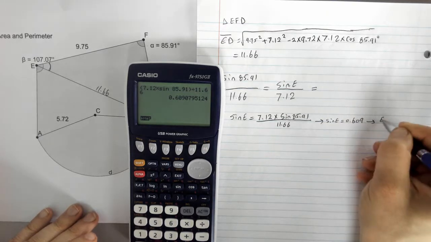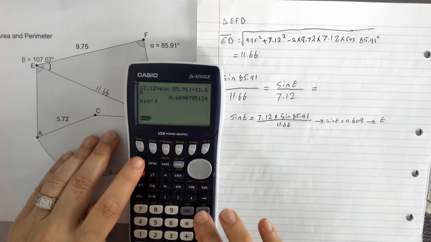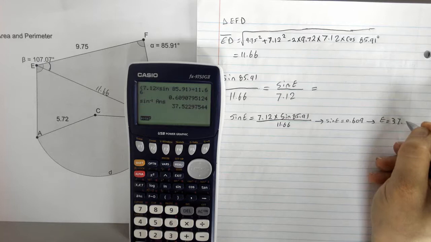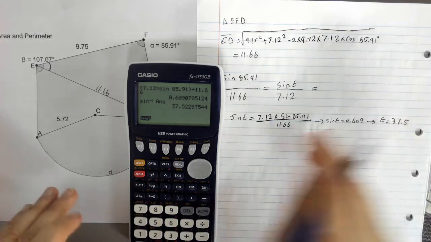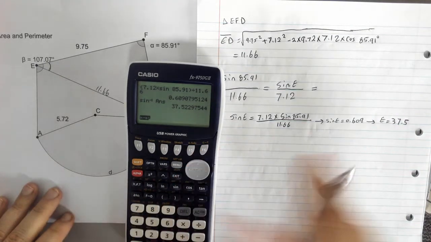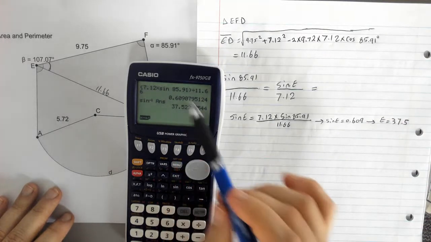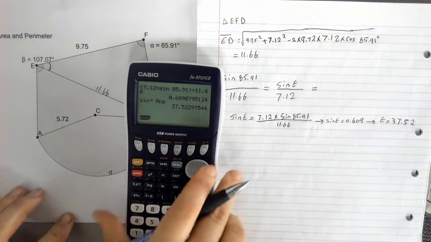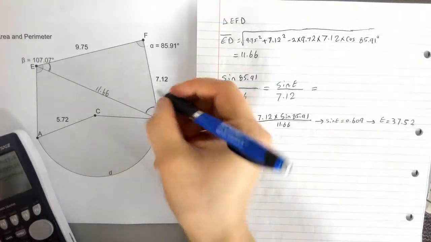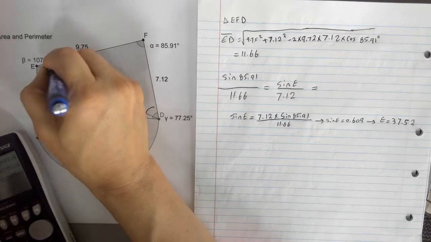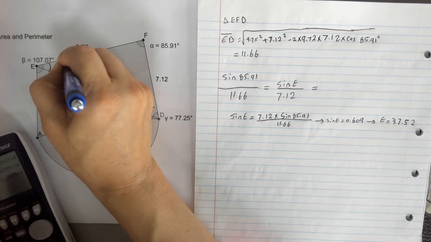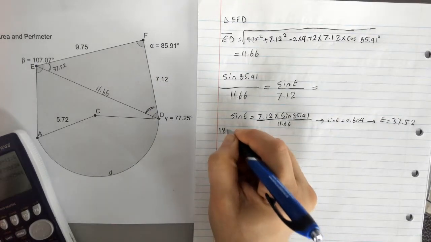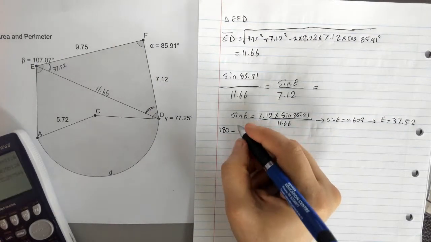So sine E equals 0.609. So E equals sine inverse, don't round, try to use the answer straight away, sine inverse gives 37.5. Okay, so because all of the angles that have been given are to 2 decimal places, we're going to leave that at 2 decimal places as well. So that angle in here is 37.52, and that will leave this one here, and then you can use that all angles in a triangle add up to 180.